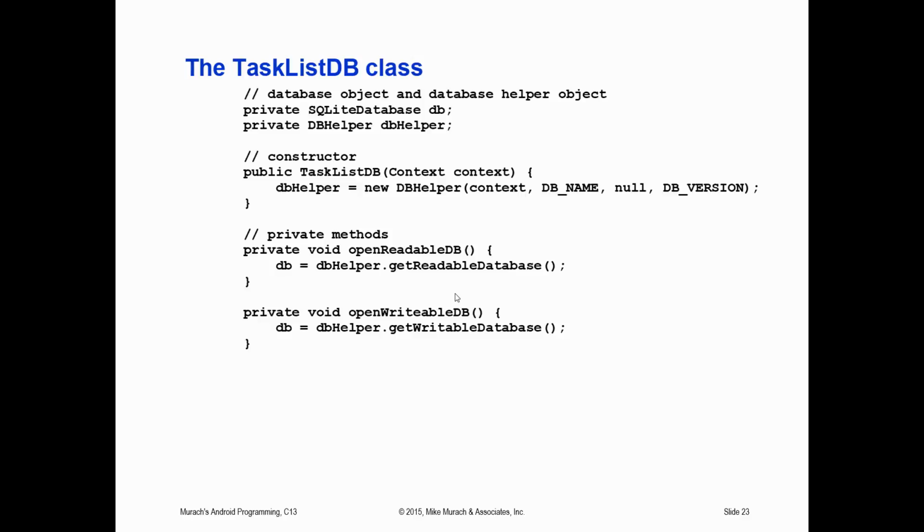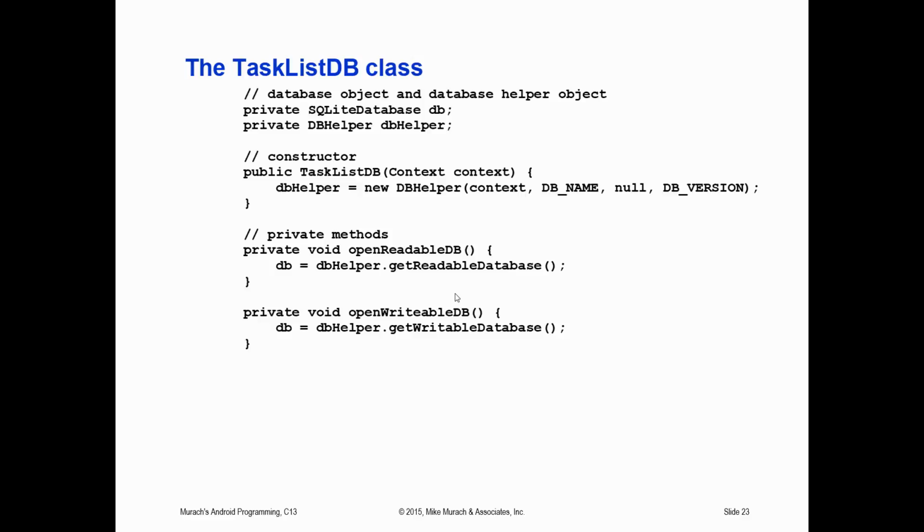The code here begins by declaring the SQLite database and the DB helper object as instance variables. The SQLite database object defines a connection to the database. The DB helper object contains the methods that can open that connection. Then you've got your constructor, and the constructor creates an instance of the DB helper object.